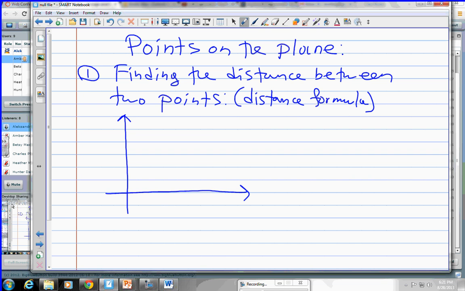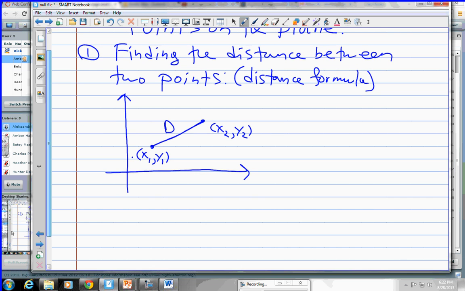Let's say I have two random points, let's call this point x1, y1, and some other point, let's call that point x2, y2. And I want to find the length in between those two points. So I'm looking for the distance, the length of this segment, let's call it d. So we're looking for d.